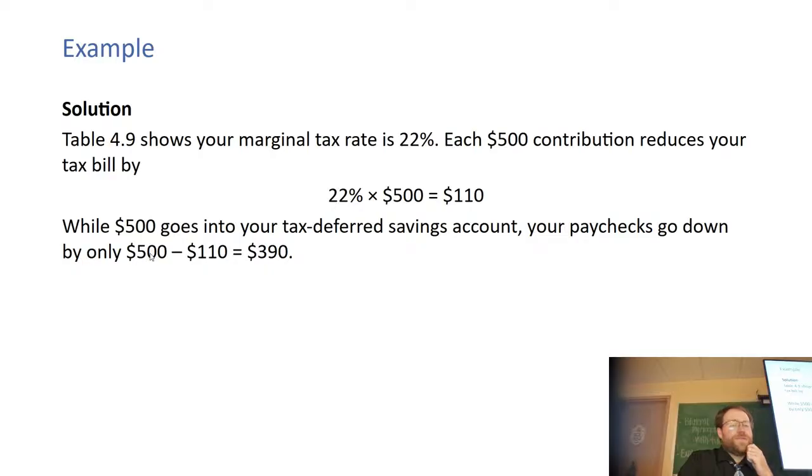So 500 is going into your savings account, but 110 of it is going to be tax related if it wasn't. So what would happen here? 390, or the difference from 500 and 110, is the difference you would see in your paycheck if you were going to move $500 a month over to that savings account.